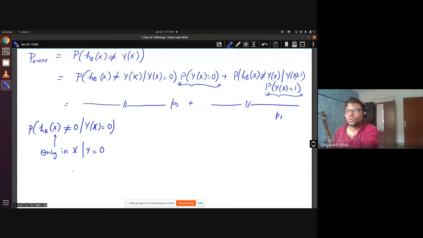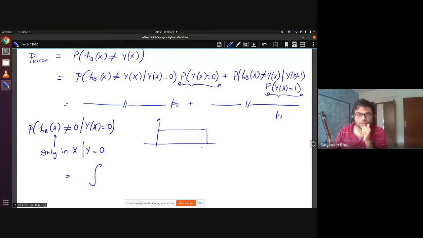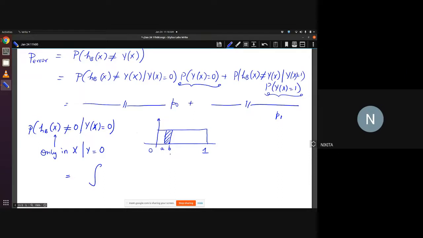Okay, so we can write this as some integral. Whenever I'm trying to estimate a probability given a density, what do I do? I integrate over a region, right? Let me explain once again. Say there is a uniform random variable between 0 and 1, and I want the probability in the region A to B. How do I find this?